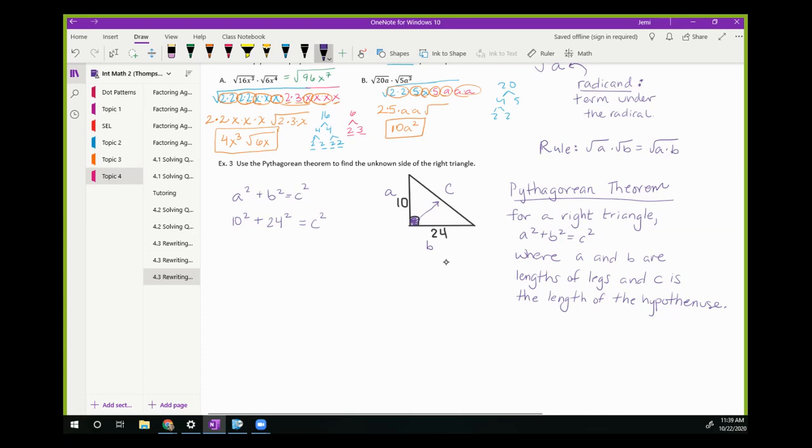10 squared, that's 10 times 10, that's 100. 24 squared is 576. If you need to pull out a calculator to do that, or if you need to do scratch work on your side, 24 times 24, and multiply that all out, that's cool too.